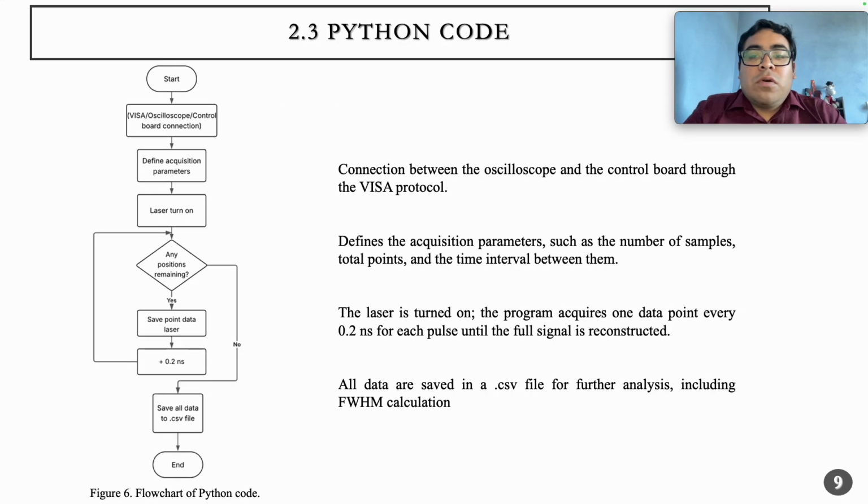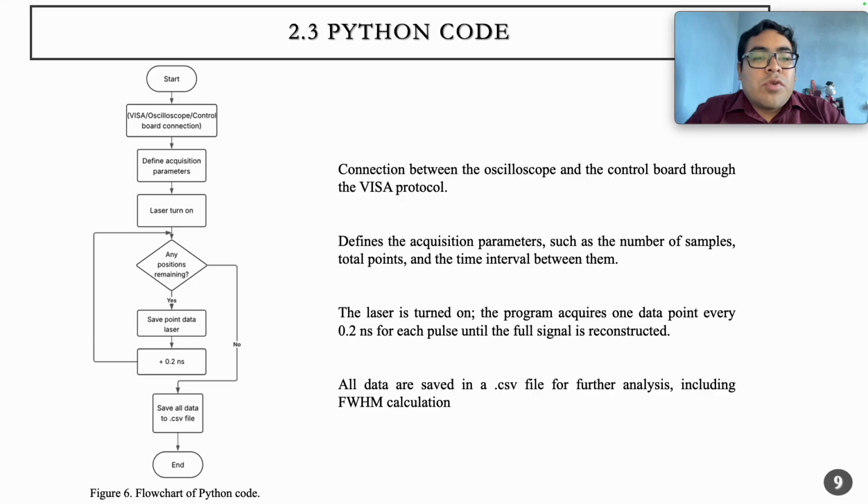Well, the Python code function is explained in this flowchart, where it begins with a connection between the oscilloscope and the control board through the VISA protocol. Then it defines the acquisition parameters such as the number of sample total points and the time interval between them.